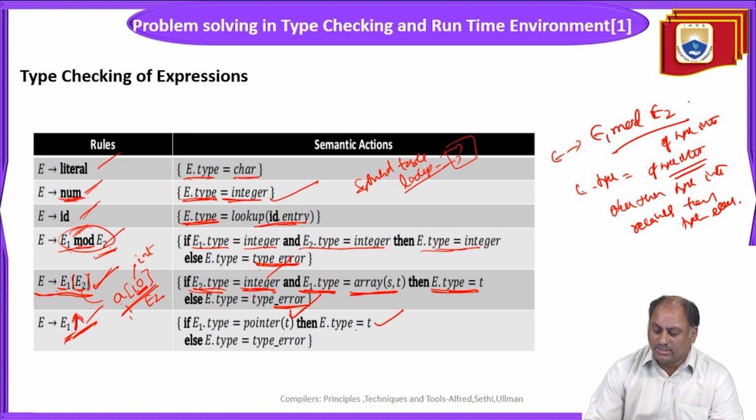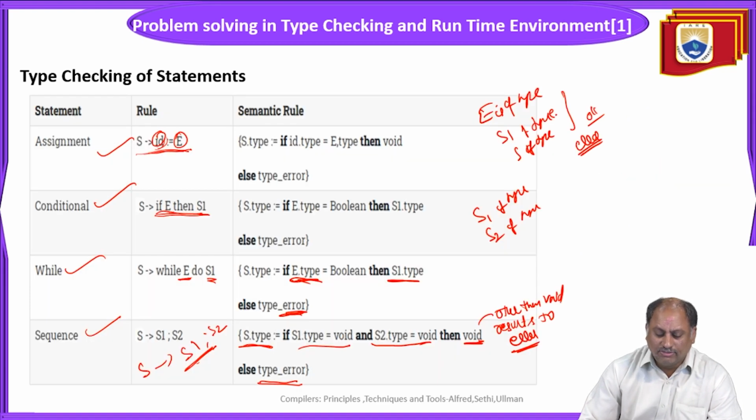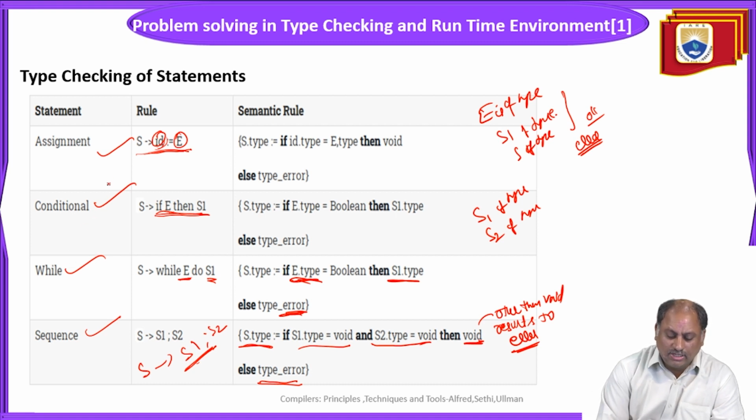Like this, we can find the semantic actions for the given statements like assignment statement, conditional statement, and while. Assignment means S derives ID equal to E, conditional means S derives if E then S1, while statement indicates that S derives while E do statement 1, and sequence means a list of statements, that is S derives S1; S2; S3 and so on.